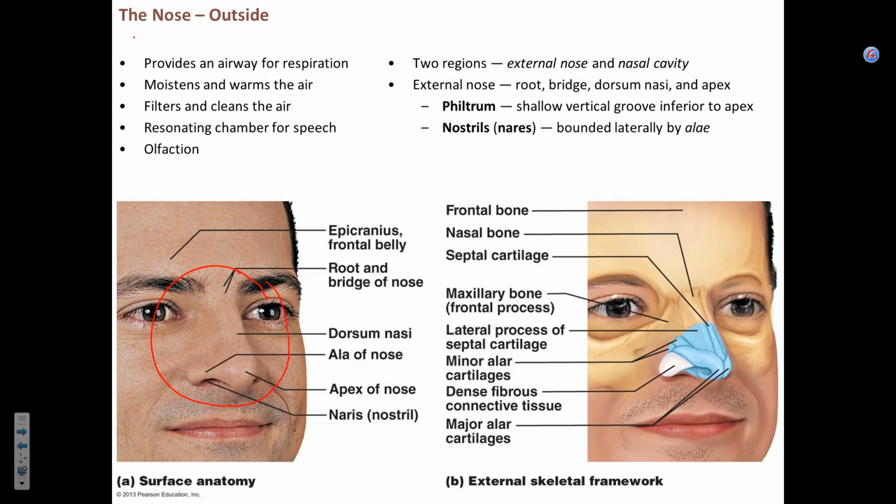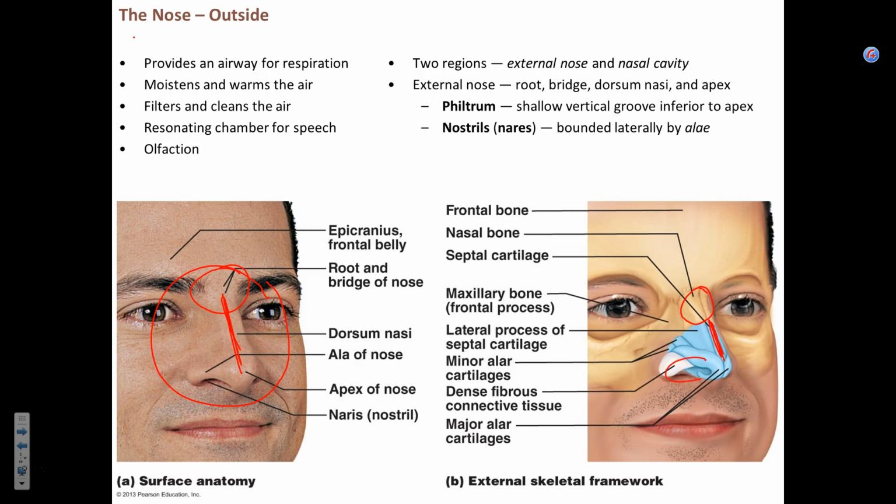It has a root and a bridge right here between your eyebrows. And then that part is called dorsum nasi. It is formed by the nasal bone and a septal cartilage. Okay.